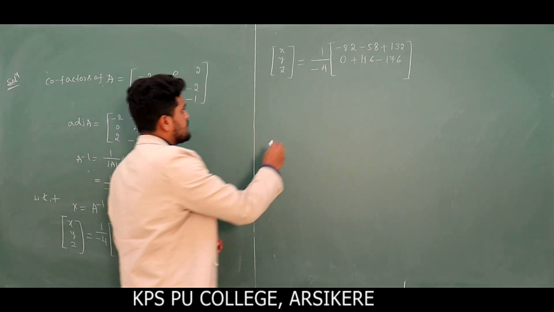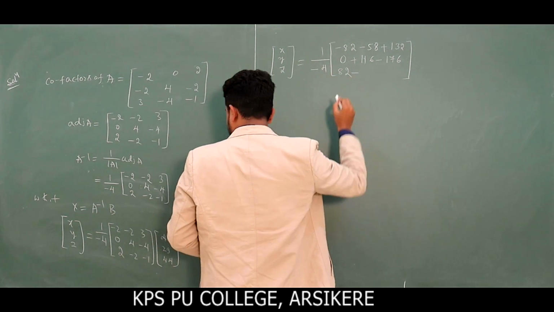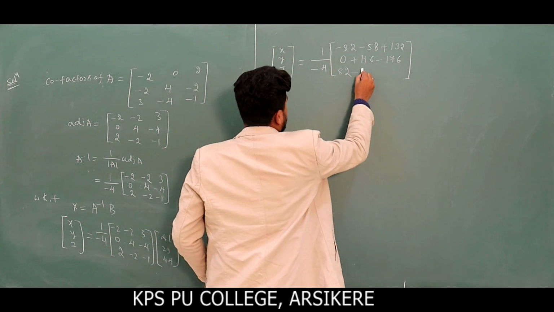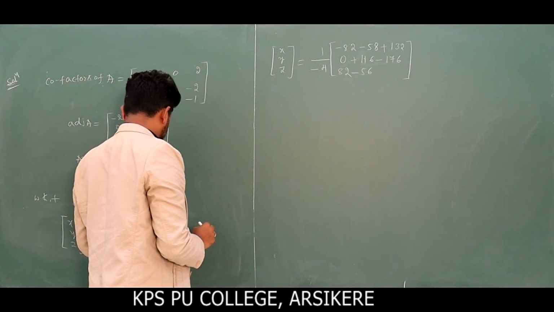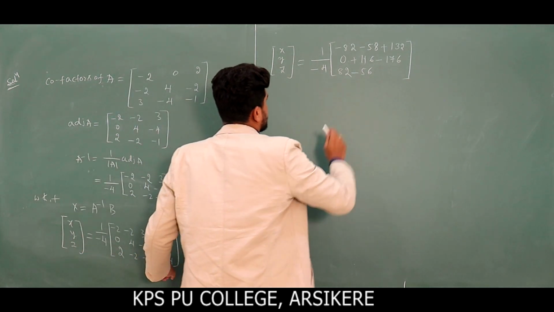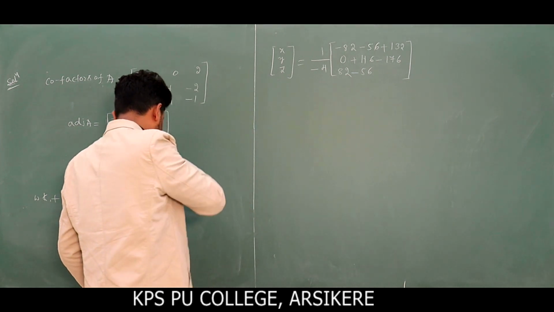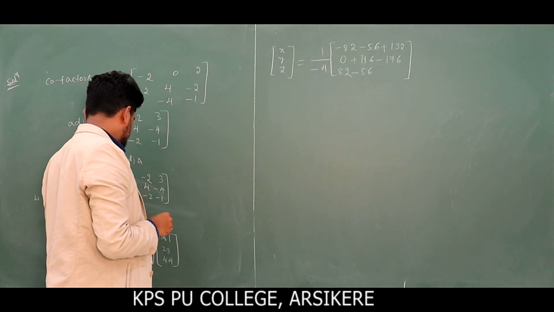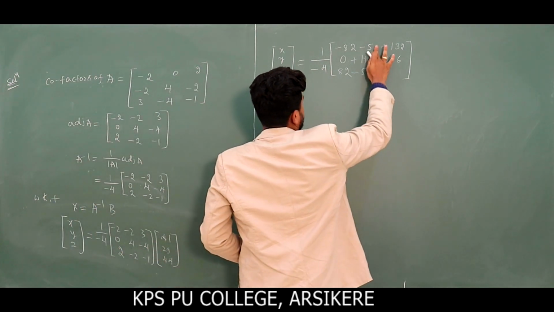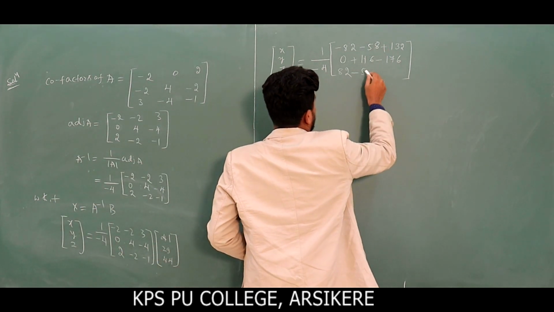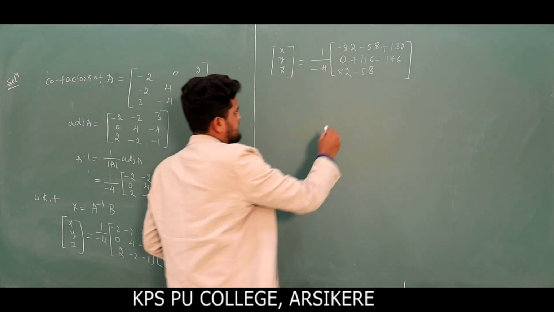So 41 into 2 is 82, minus 29 into 2, 58. Okay, next, minus 1 into 44.